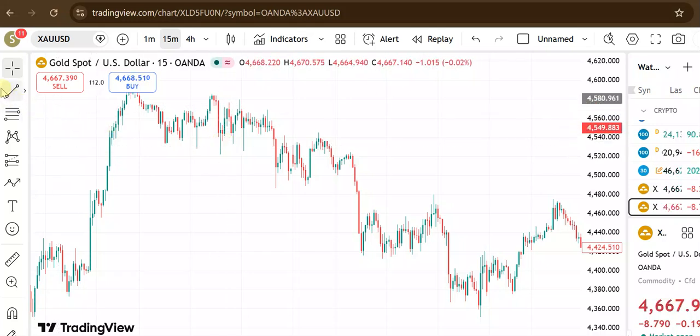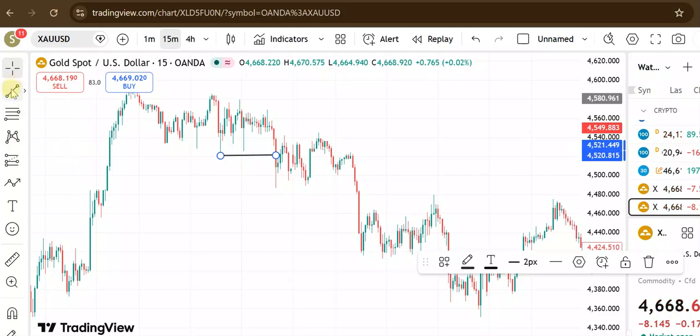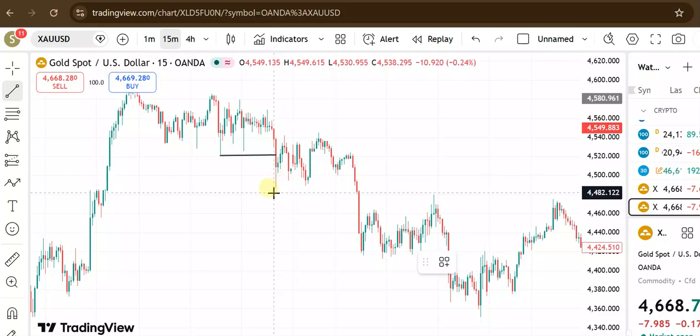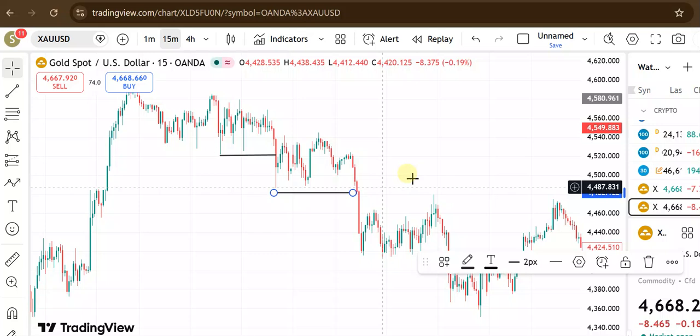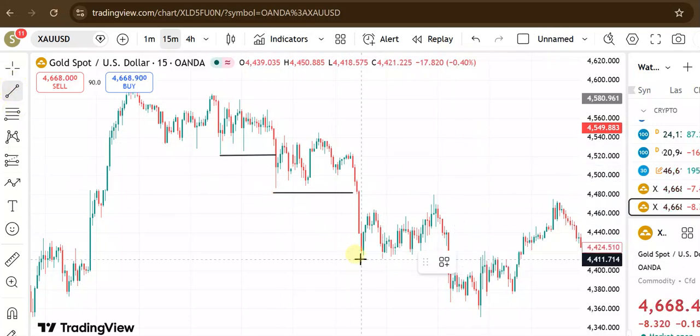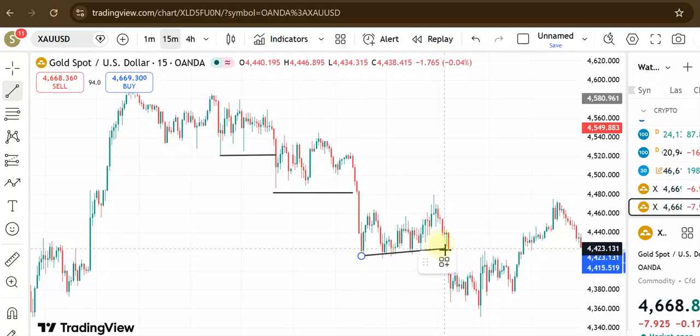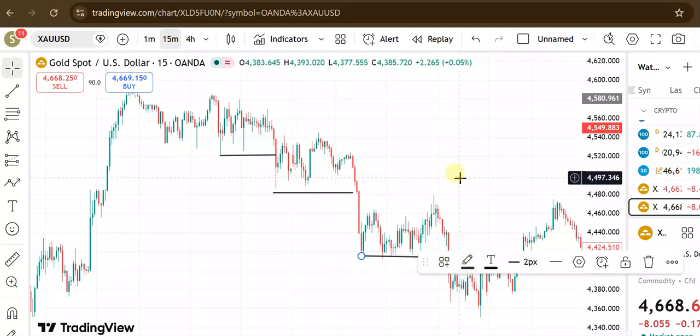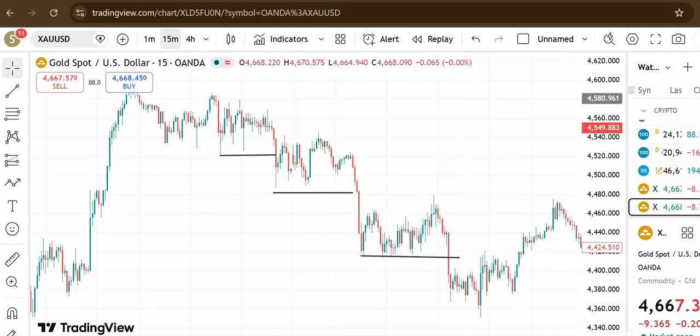You understand? And where is the break of structure? Right about here. Here. You see that? There. Now this is an example of a downtrend.